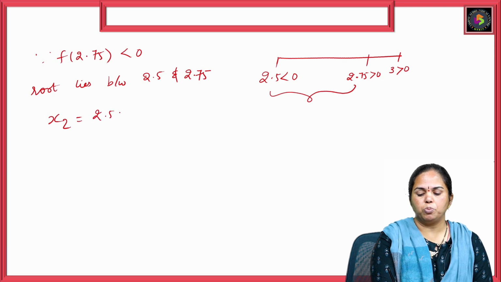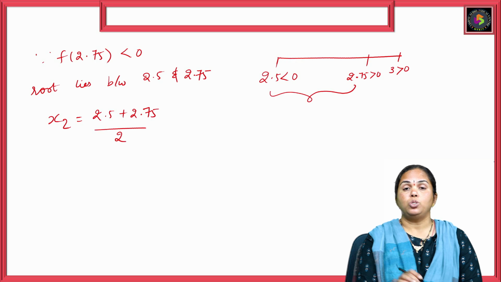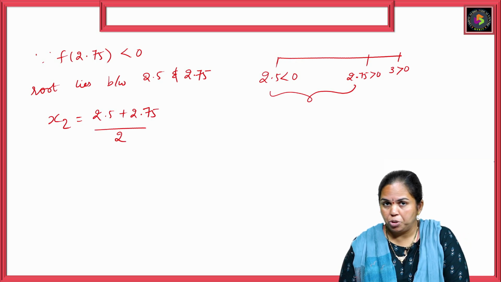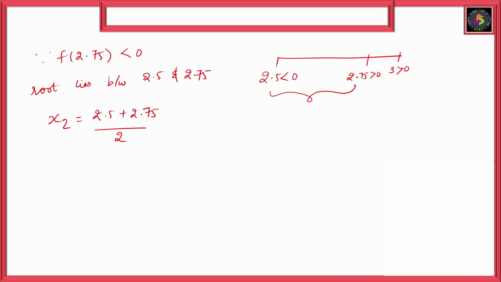Again the formula: (2.5 + 2.75)/2. Whenever you are solving a problem in numerical methods, see that you consider the value up to 4 decimal places. So (2.5 + 2.75)/2 is approximately 2.625. Whatever roots we are finding here, all the values are approximated values. They are not the exact values.